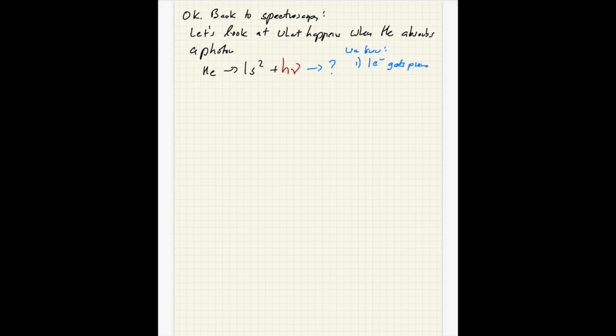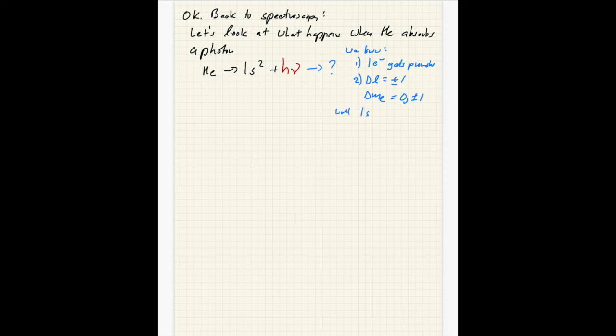Okay, so here's what we're looking at. We have helium in the ground state, that's 1s2 configuration, and we're adding a photon. Okay, so what do we know? We know one electron is going to get promoted because one electron can absorb one photon, and we have some selection rules.